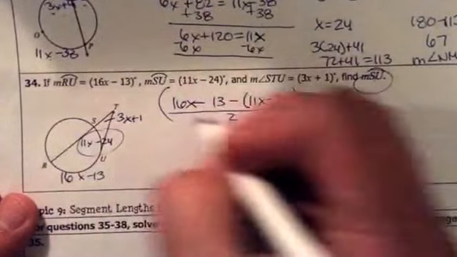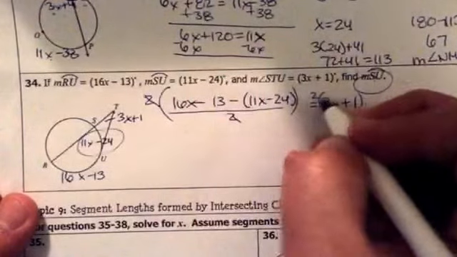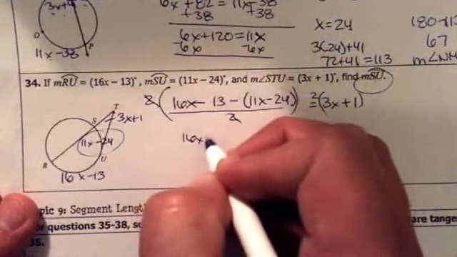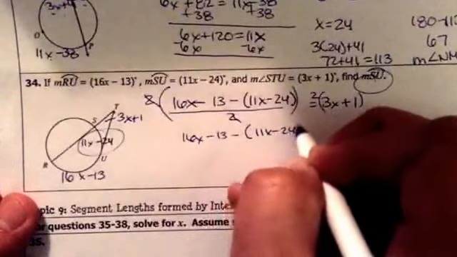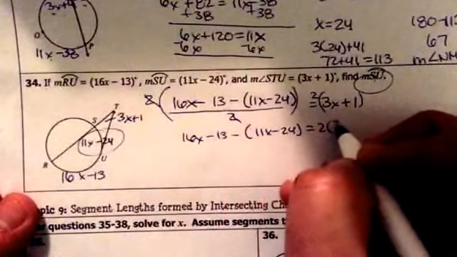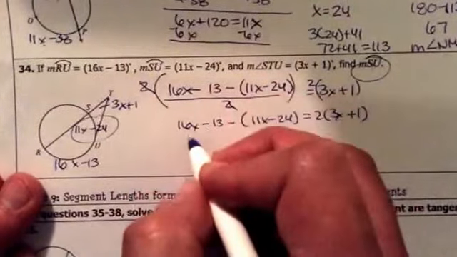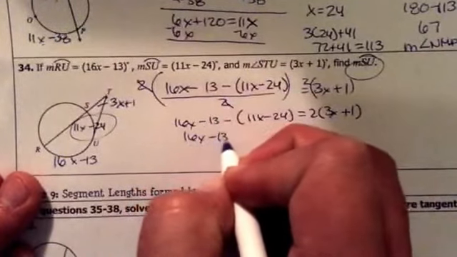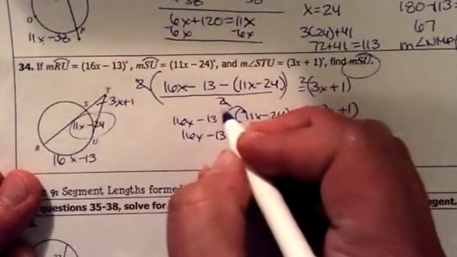When I multiply by 2, I have a couple things going on here. I have 16x minus 13 minus parentheses 11x minus 24 equals 2 parentheses 3x plus 1. What I need to do here is 16x minus 13. Distribute this negative 1 here. Negative 11x.